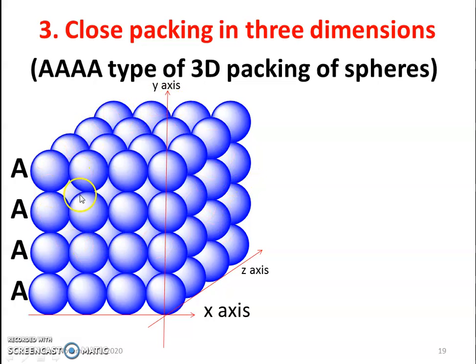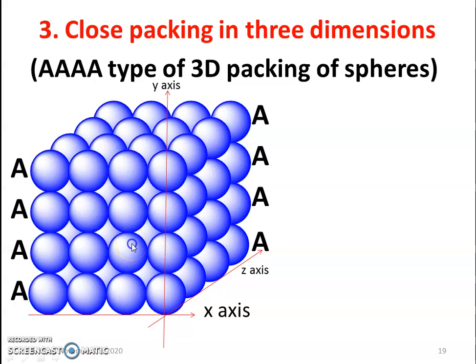So in this way there is a formation of 3-dimensional arrangement. First we consider the 1-dimensional arrangement, one A layer along the x-axis. Then we arrange this A layer along the y-axis, which becomes the 2-dimensional arrangement. And when these planes are repeated along the z-axis, it becomes a 3-dimensional arrangement.